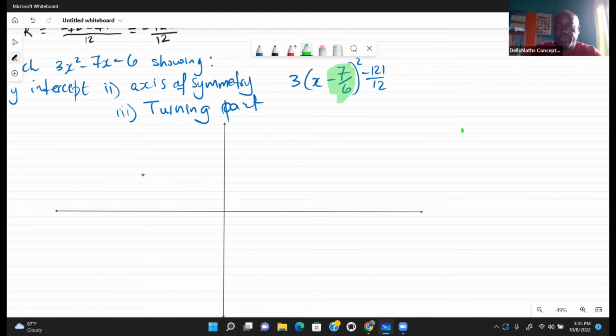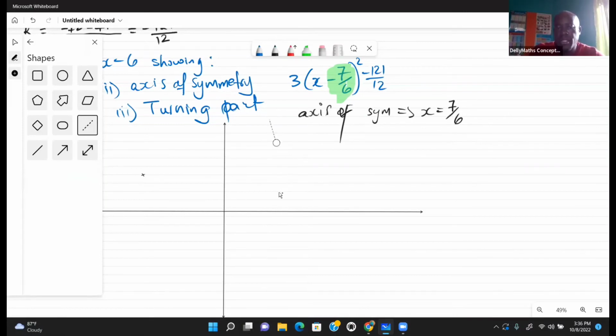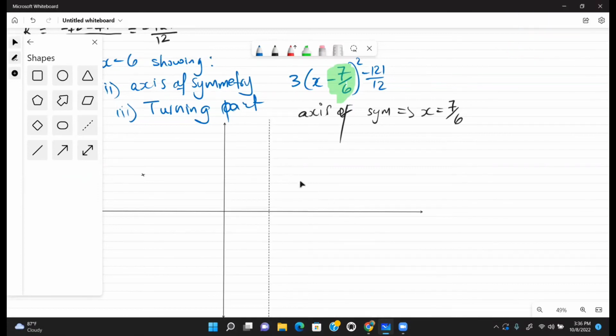So you can tell yourself that the axis is x equal to positive 7 over 6. Quickly, it is somewhere over here, and it's positive. So you don't want to put it in the negative section. Be careful.